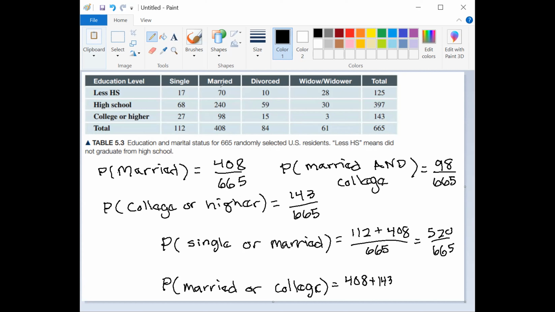However, if you look at this, we went through and we counted 408, that included this 98, and then we counted 143, that included this 98. So we counted that 98 twice. So what we want to do is subtract off that 98 that we counted twice. So now we're still counting it, we're just counting it once. And then you've got to do the math there. It's 453 out of 665.